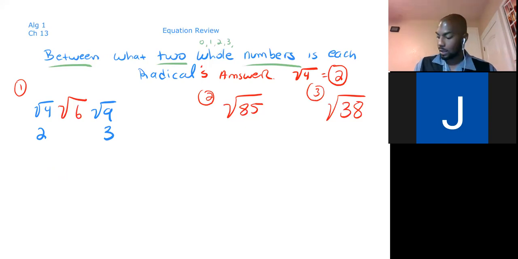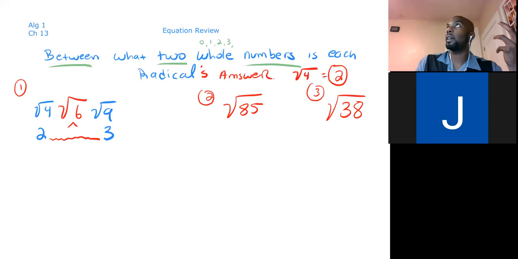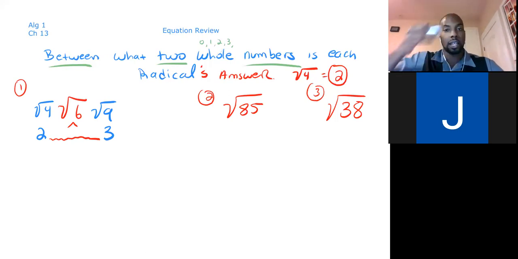So you can see how the radical of 6 has to be somewhere between those two numbers. What two numbers multiplied equal 6? It's probably 2.4 times something. I don't know off the top of my head, but what we're saying is, between which two answers would this radical's answer be?